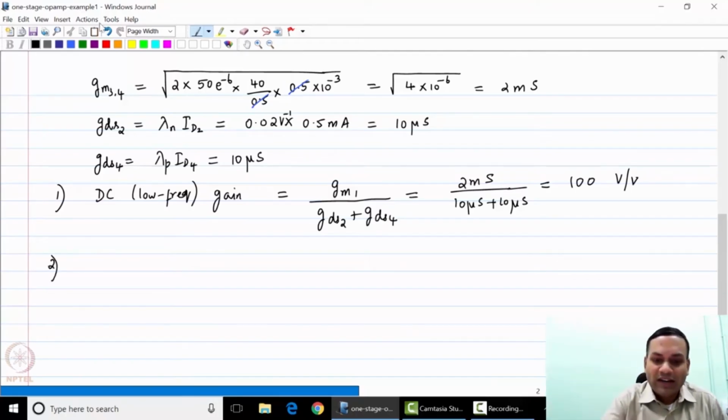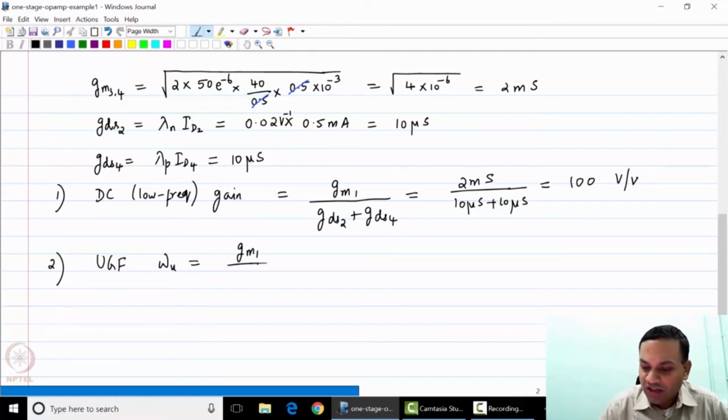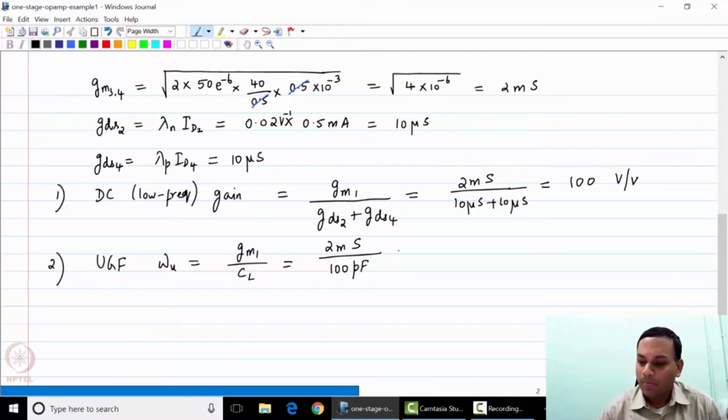So this is the DC gain of the op-amp. The second component we will look at is the unity gain frequency of the op-amp. So omega u is nothing but GM1 over CL. This is 2 millisiemens over 100 picofarad.